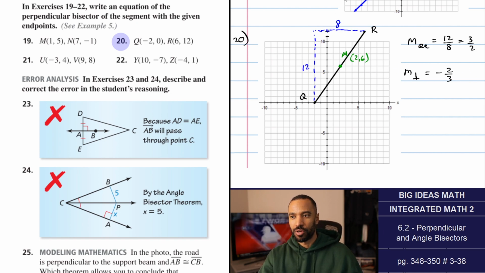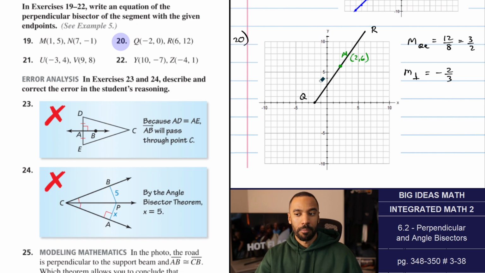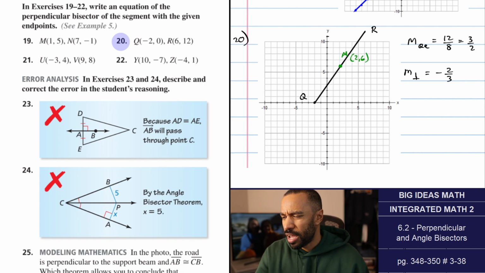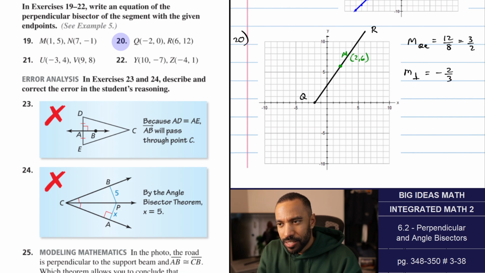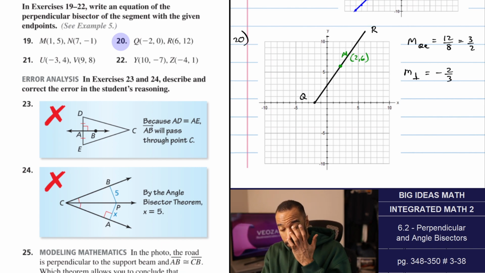The slope is negative 2/3. So if I want to write the equation of the line, they want it in slope-intercept form, not point-slope form. I'm not saying whether they want one way or the other. I actually don't know. You know what? We might need this. This y-intercept's a fraction.